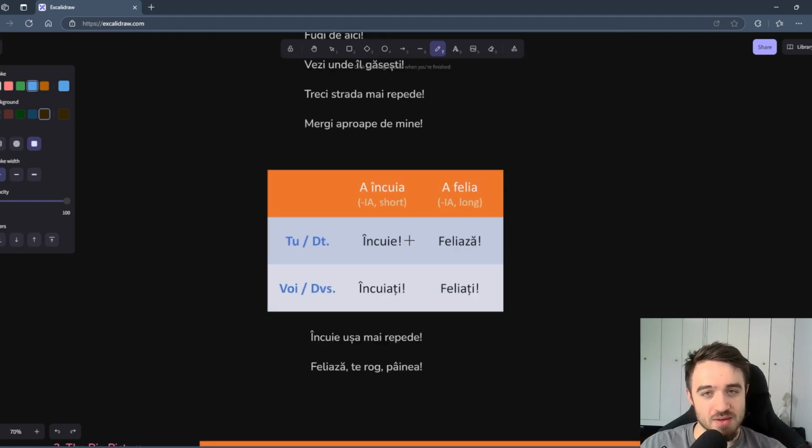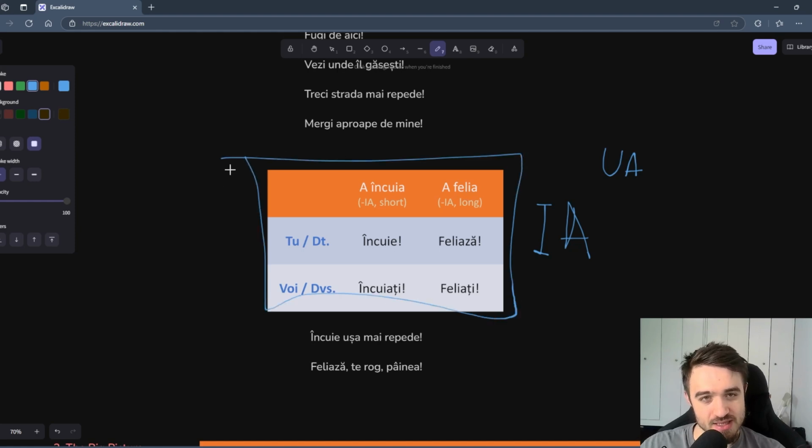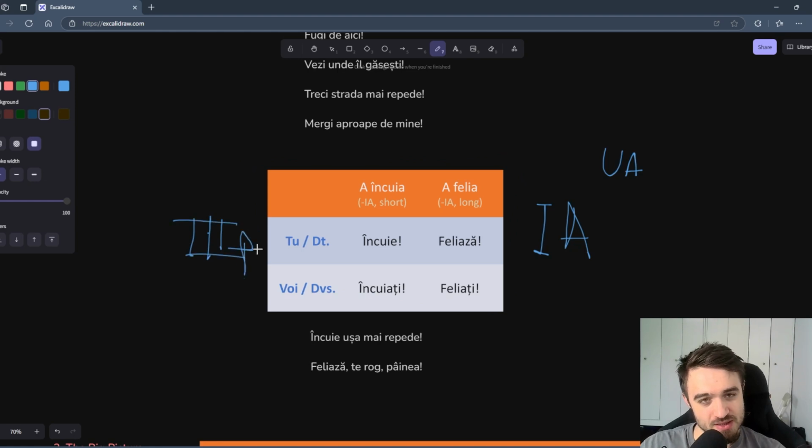And then we have some of the exceptions. If we remember from the A ending verbs, they also get a special situation. They get into a special category when we talk about the IA or even UA. So we have a încuia and a felia. These will stay in the same third person singular.